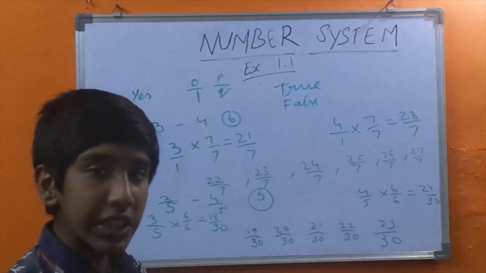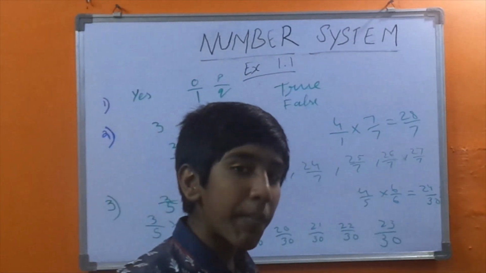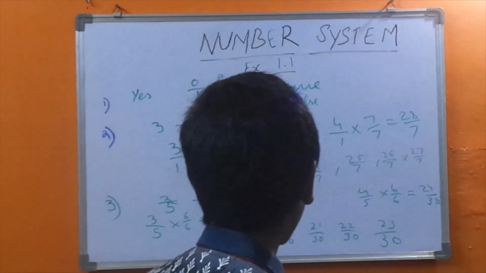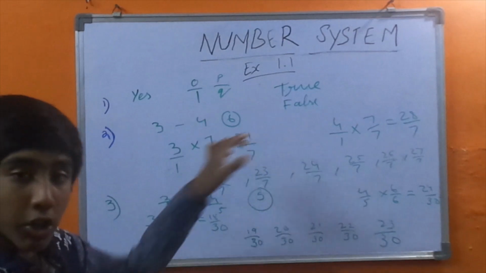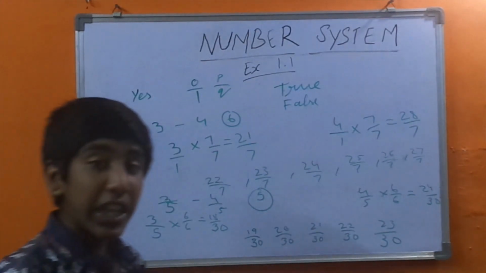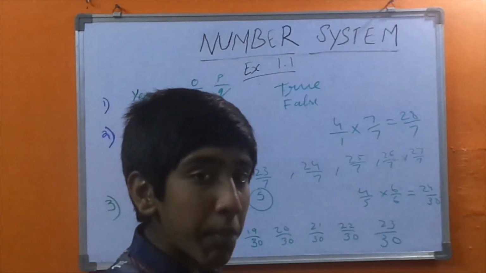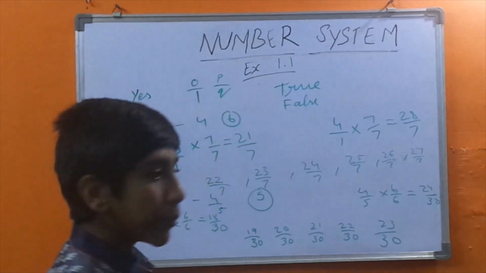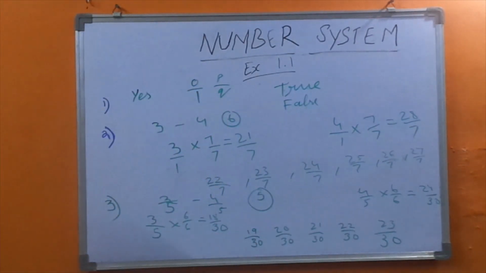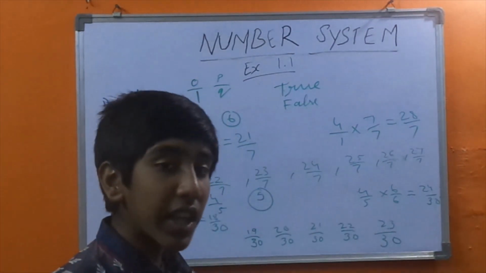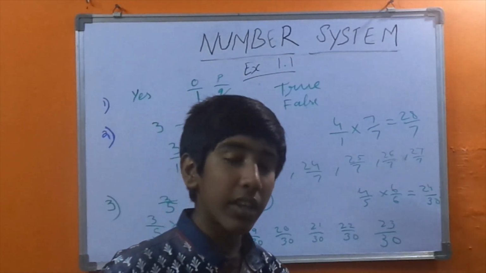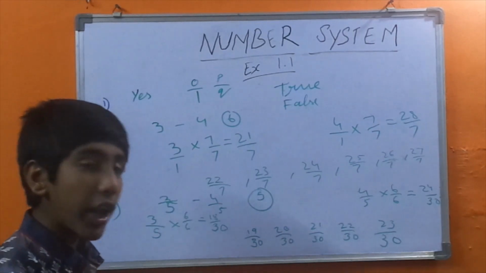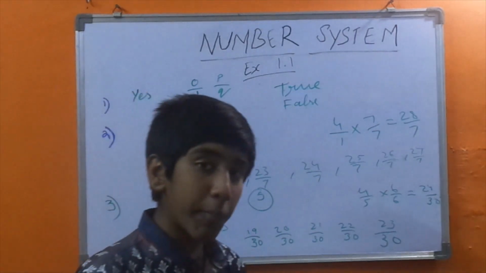And the third one is, is every rational number a whole number? Well, if all integers are not whole numbers, is any rational number a whole number? No, because the rational numbers are the numbers which can be represented in the form of p by q, where p and q are integers, which means they can be negative or even positive, whereas whole numbers are only positive.